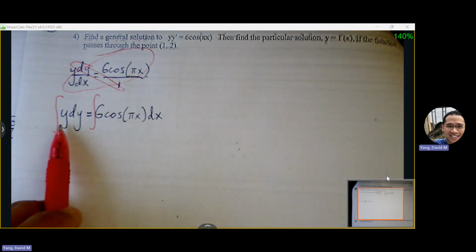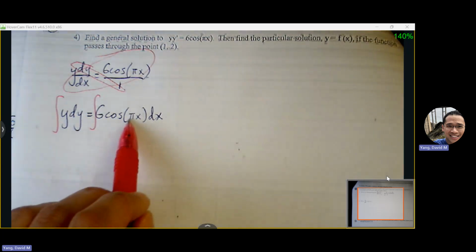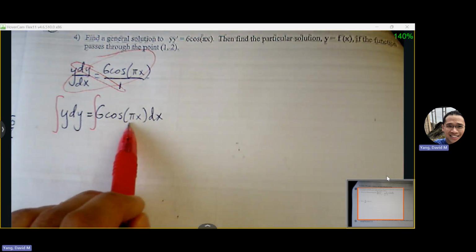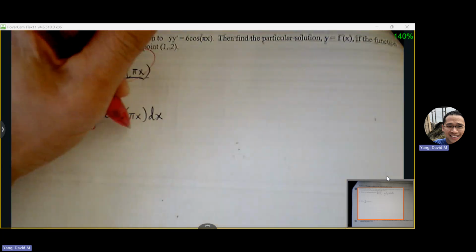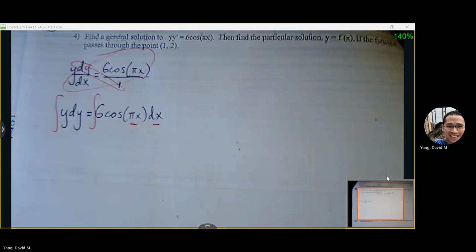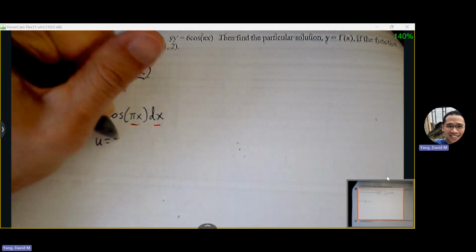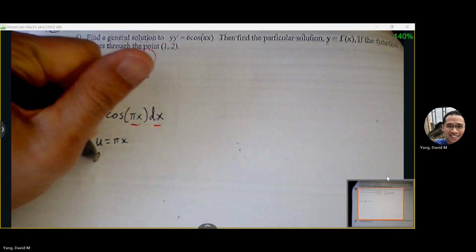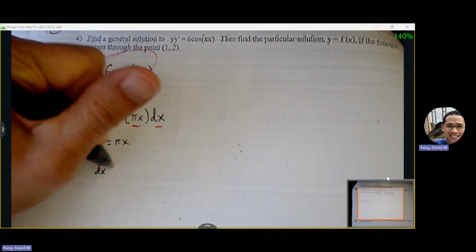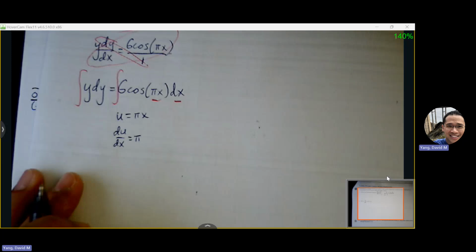Left side is just a nice power rule, but the right side, there's a little bit of u substitution here. That pi x, we need to take care of that. So let's take care of that here. So u equals pi x. du over dx equals pi. Pi is just the number.